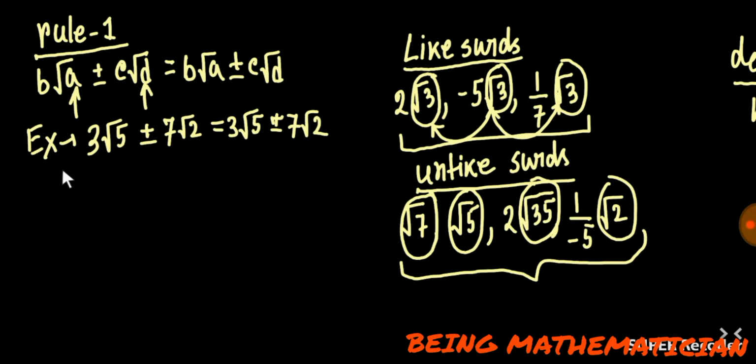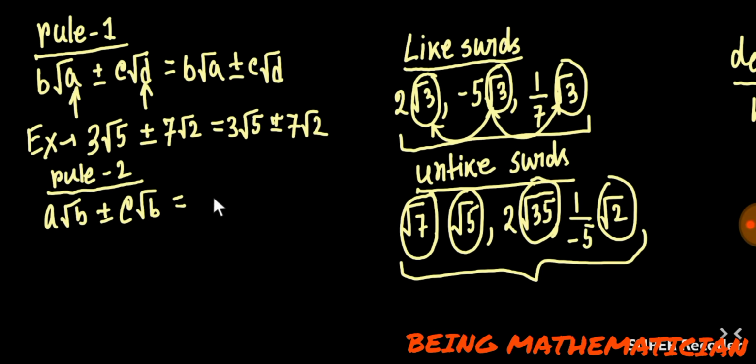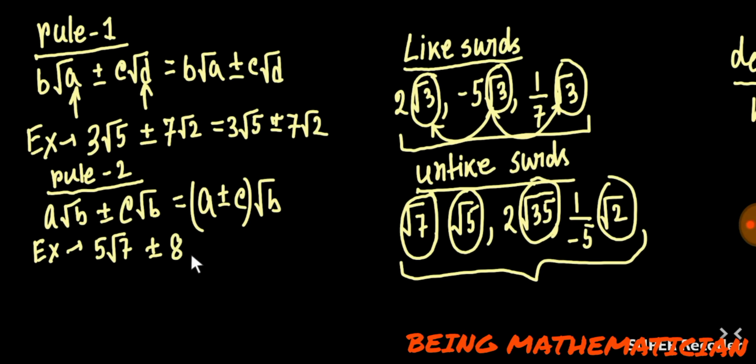Now, let's go to rule 2. In the case of like surds, we can observe that a root b plus minus c root b is equal to a plus minus c into root b. Let's see the example. 5 root 7 plus minus 8 root 7.